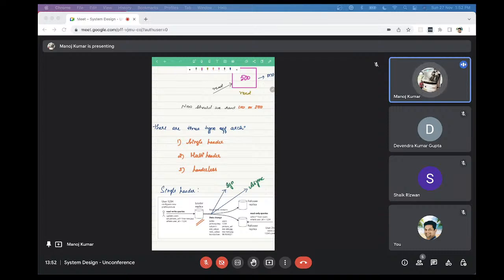Both sync and async have their own problems. It's up to us to decide which one we want when designing a system, and it's very important to consider all this. You have advantages and disadvantages in both replication systems.